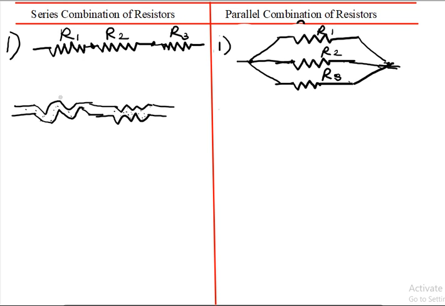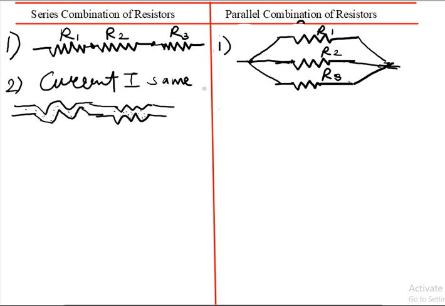If we compare this with the current flow in the circuit, the difference comes here: in the series combination, the current flowing through it will be the same. Current across each resistor will be the same.